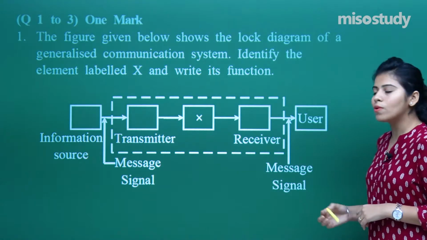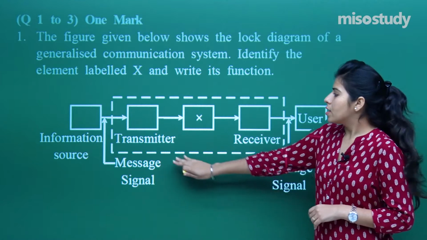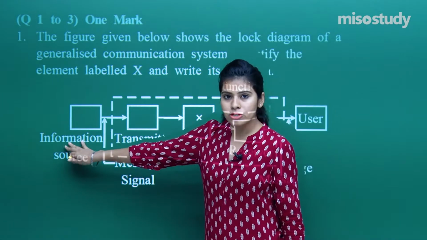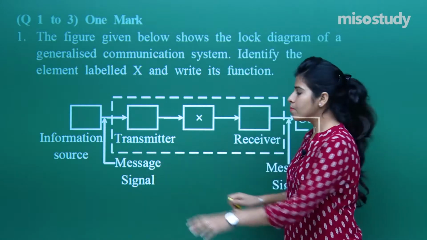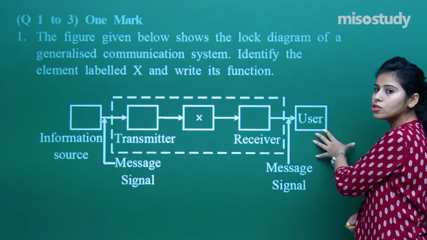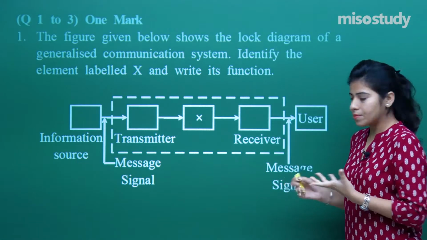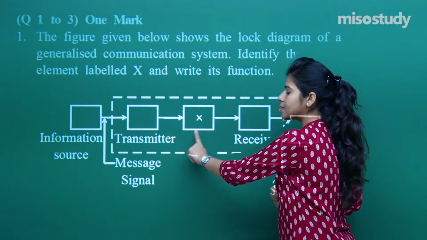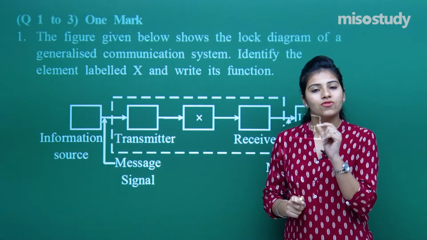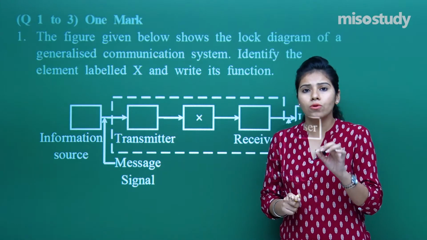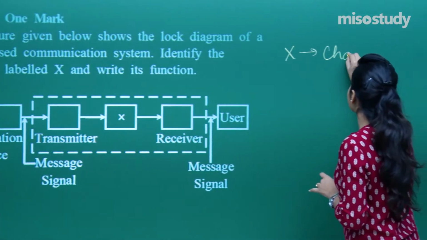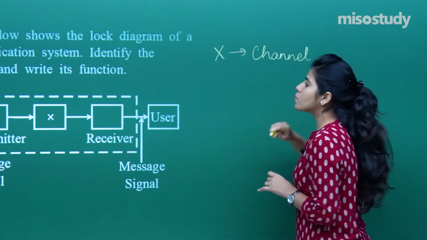As I told you while teaching you the chapter, if this is the block diagram of a communication system, then this is the information source, this is the transmitter, this is something that we have to guess, and this is the receiver, then this is the user. So this must be the channel through which your message is going to be transmitted. So we can say this X is nothing but the channel, and we have to write the function.